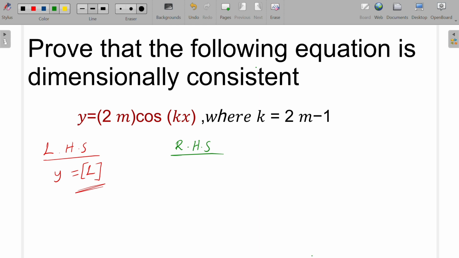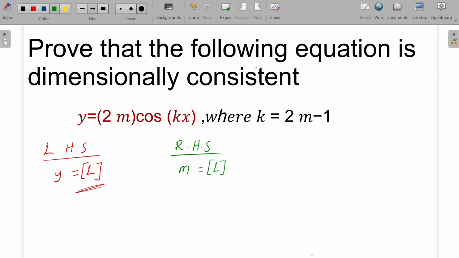On the right-hand side, we have 2m. Now, 2 is a constant, so we are not considering that. So in other words, the first part is having m, and m has the dimension of L. This one has a dimension of L because m is basically meters and length is the unit of length.